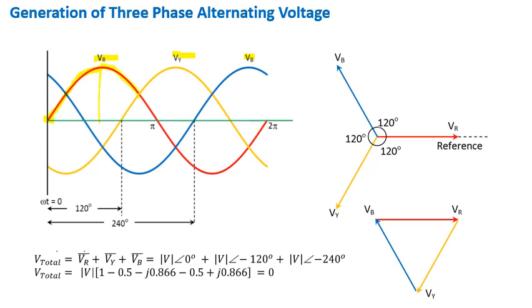It becomes equal to 0 at omega t equal to pi. It becomes equal to negative maximum at omega t equal to 3 pi by 2, and it becomes equal to 0 at 2 pi. When the voltage across the R phase coil was building up, there was some voltage in B phase and Y phase also.